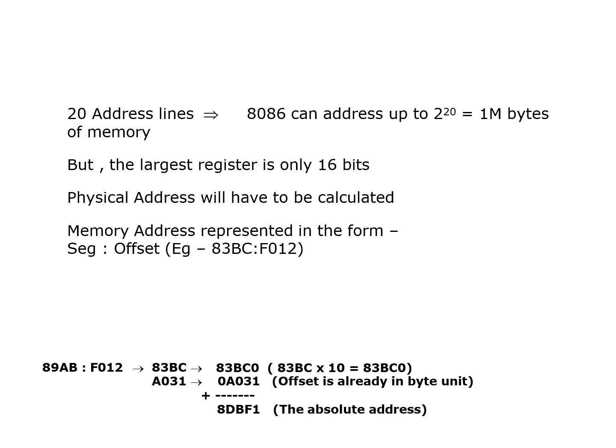This is an example for calculating the physical address. This is the segment register address and this is the offset address. The segment register is multiplied by 10, and the offset address is added to form the physical address. 0 plus 1 is 1.